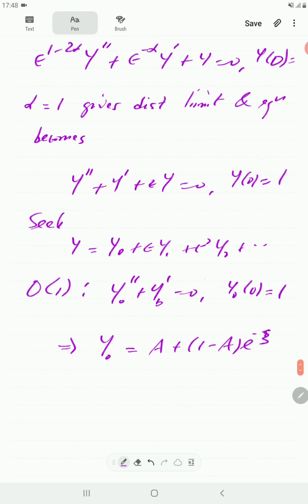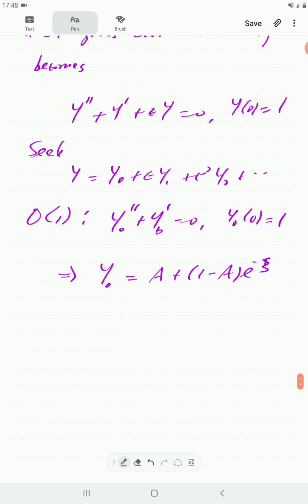So we can try matching. Okay, so before we go on, the matching equation is going to be slightly different this time.